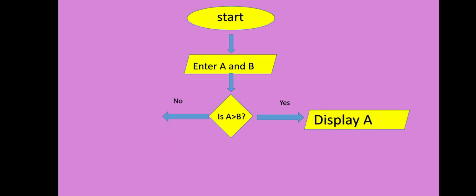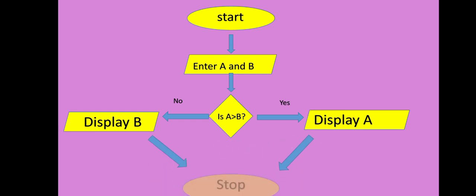And if it is a false condition, which means A is not greater than B, then B is greater and we are going to display B. And then we are going to stop at the end. So this is a conditional flowchart which deals with a condition on two numbers, where we want to know which one of them is greater.